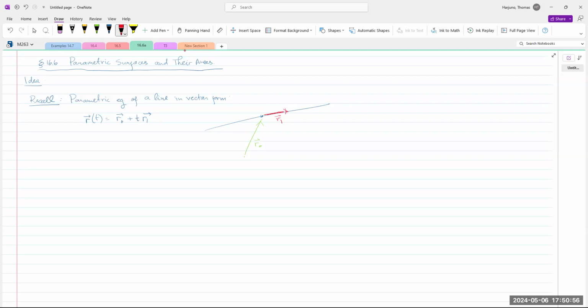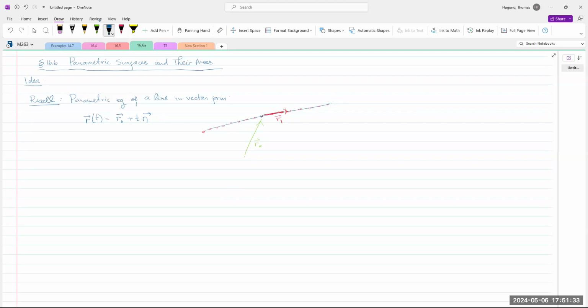So r0 plus r1 actually refers to this point here. For example, as you move your t's, the position will actually move along this line, right?